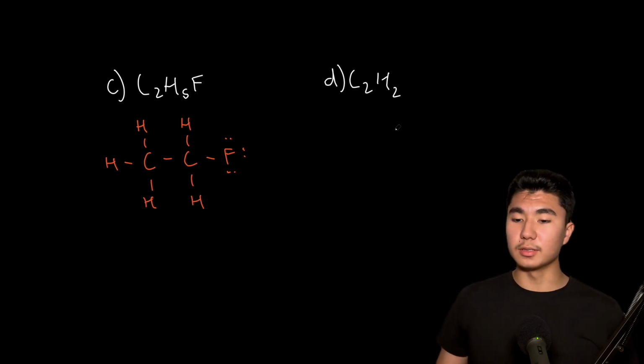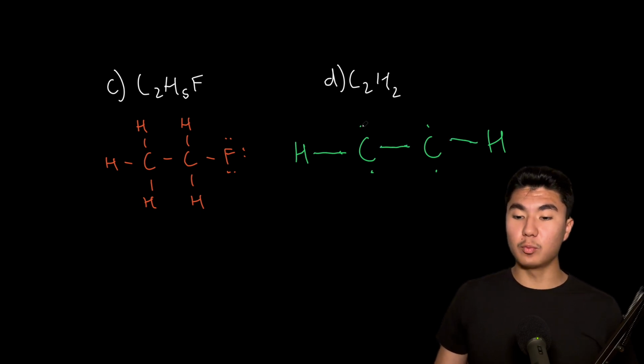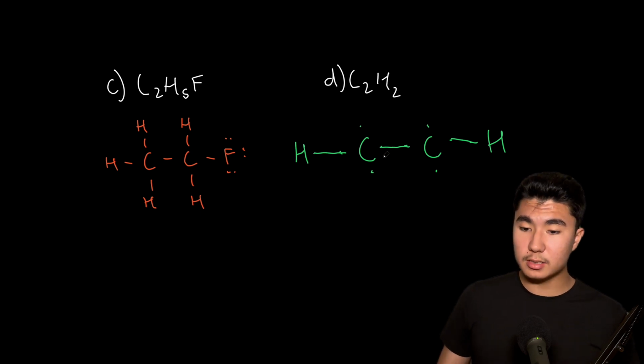So now let's look at this one, C2H2, and this one may have tripped some of you guys. If we write down our valence electrons real quick, we have our hydrogen right here. That makes a bond. That makes a bond. We have a bond over here. But then we have 1, 2, 3, 4 of those electrons. So what we can do is create what is known as a triple bond.